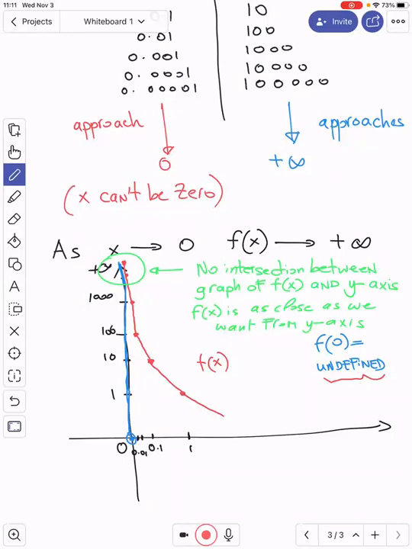Again, the reason is that f of 0 is undefined, so you cannot touch the y-axis.